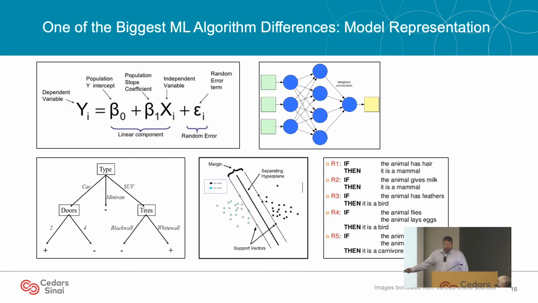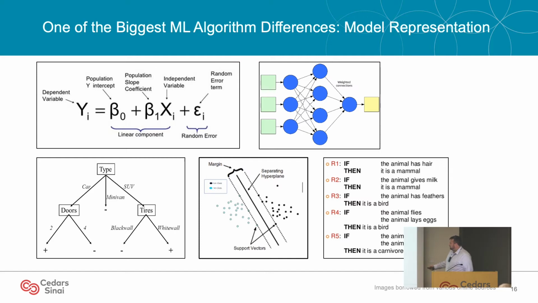One of the biggest things that differentiate machine learning algorithms is representation. So for instance, in something like linear logistic regression, many of you are probably used to this kind of equation format where you have coefficients, for instance, the y-intercept, and then you have coefficients in front of each variable, and that's how the model is represented. You also have things like decision trees or tree structures, and we'll cover that a little bit later.